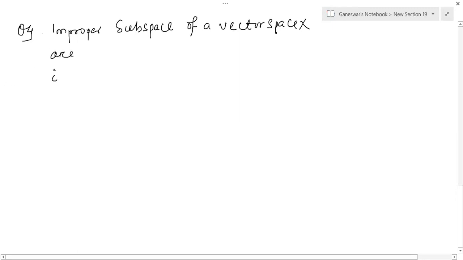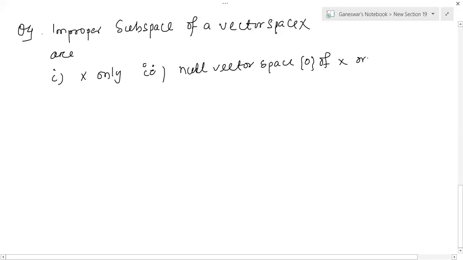Just look at the first option: X only. The second option: null vector space 0 of X only.